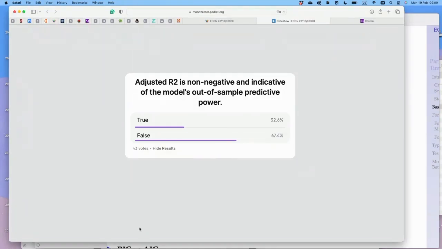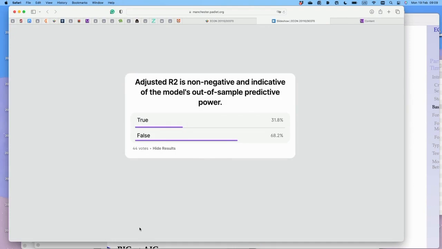And secondly, it doesn't tell us anything about the model's out-of-sample performance. Adjusted R-square, just like R-square, only tells us the proportion of the variation in Y that has been explained by the model. Okay, it's the proportion of the variation in Y in sample.